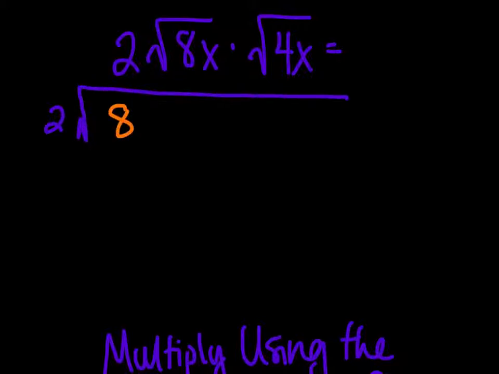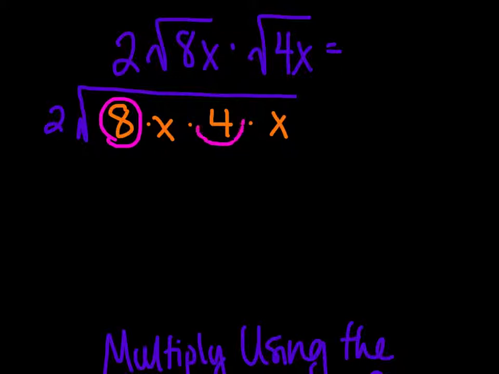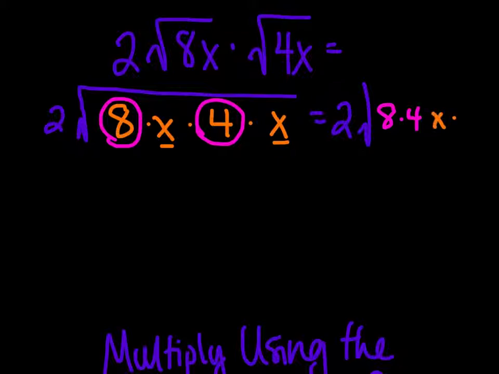I'm going to say 8 times x times 4 times x. The reason why I broke it all up like that is so I can see that it's all being multiplied, and I can rearrange things the way I want to. I'm going to put my 8 and my 4 together, and then I'll put the x's together in my next step. So I'll have 2 times the square root of 8 times 4, and x times x, which I can also rewrite as x squared, all underneath the square root symbol.